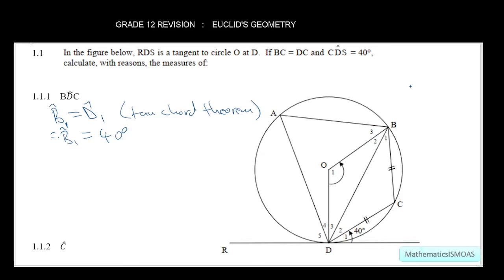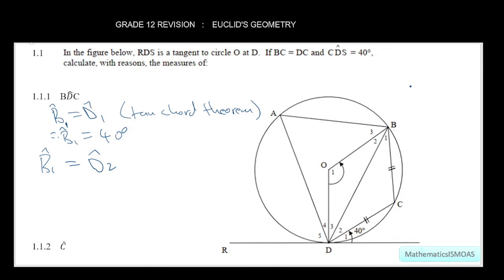Then we say angle B1 will also be equal to angle what? Not B, but rather angle D2. Angle B1 is equal to angle D2.